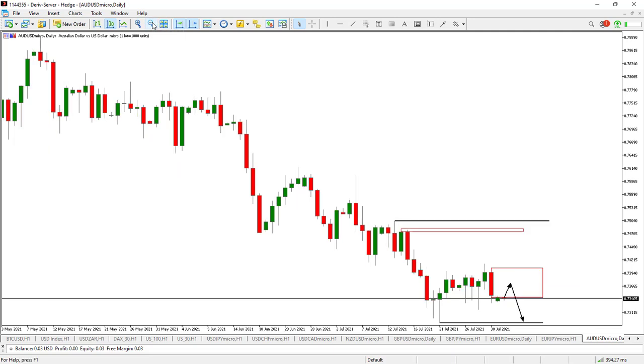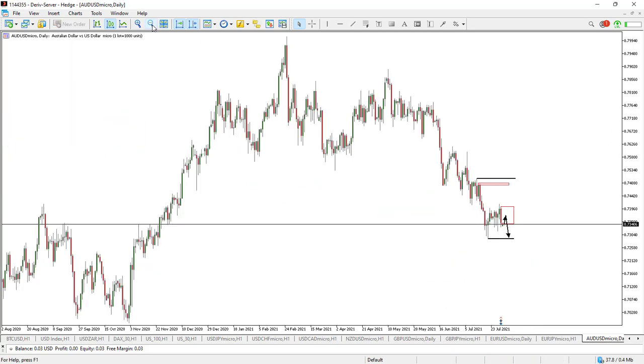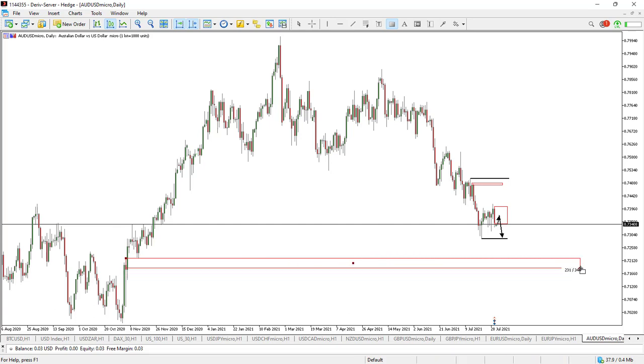Let me see where they might be targeting. Here are the zones that I'll be looking for the market to trade.